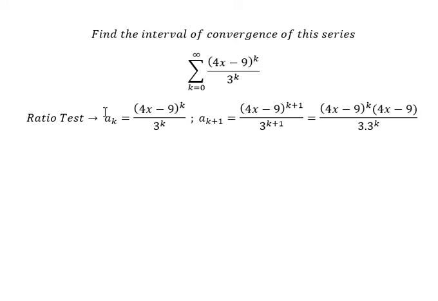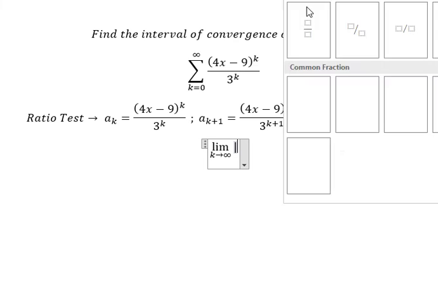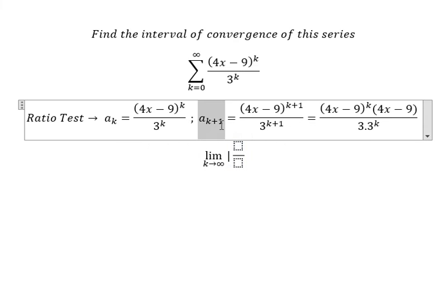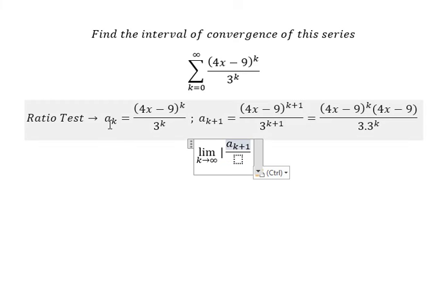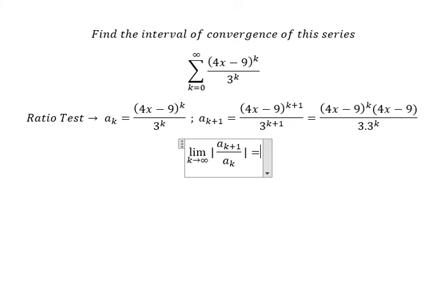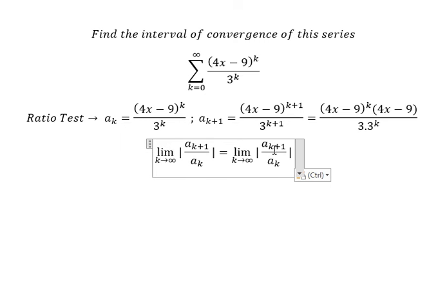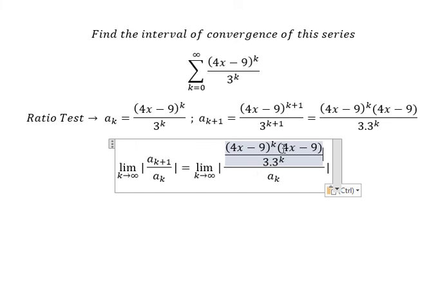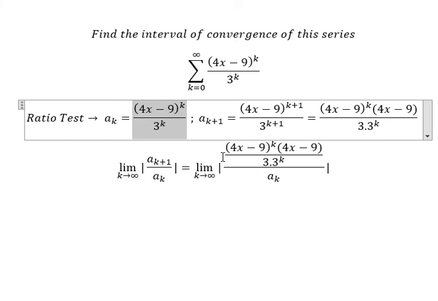Now for the ratio test, you will get the limit as k goes to positive infinity, and we have the absolute value of a_(k+1) over a_k. So a_(k+1) is this one, and a_k is this one.